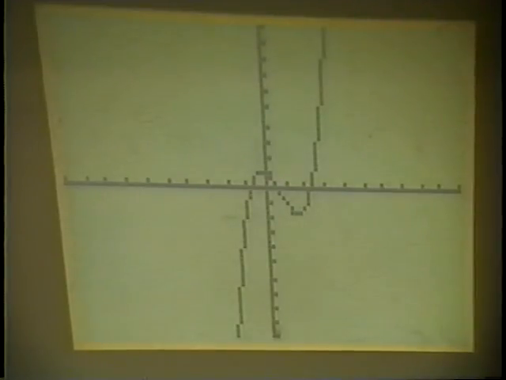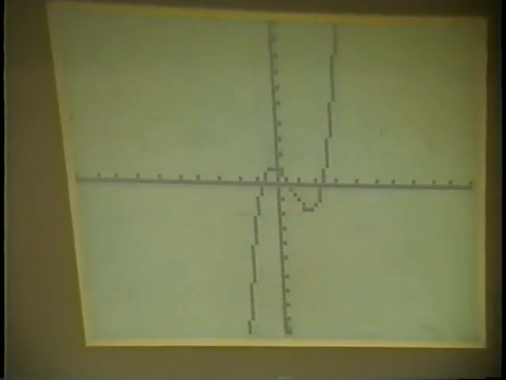Now, solving the equation is basically trying to find the points of intersection of y equals x cubed minus 2x squared minus x plus 1 and y equals 0, which is the x-axis. So basically, solving the equation is finding the x-intercepts of this curve.